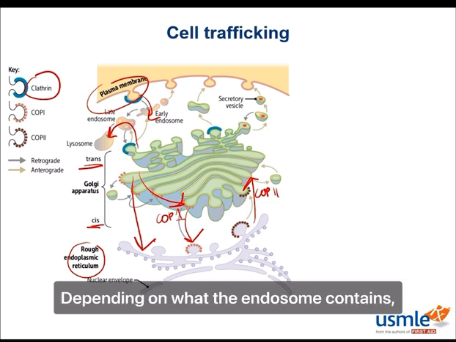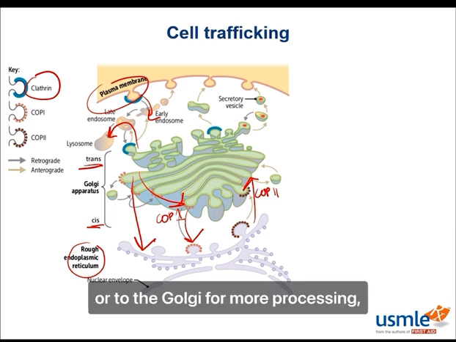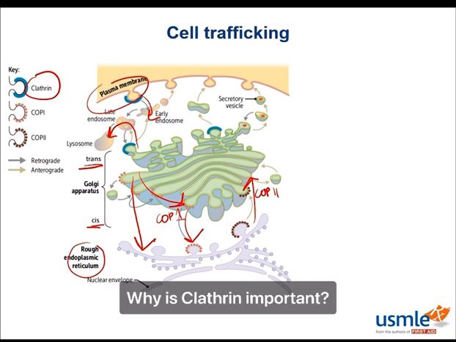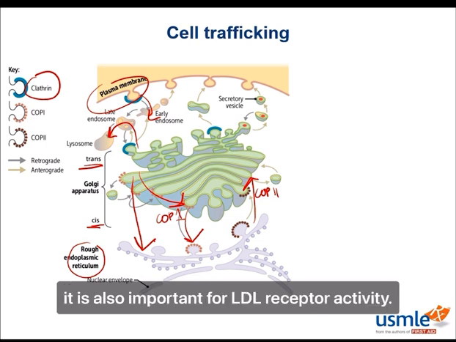Depending on what the endosome contains, it can be sent to a lysosome for degradation, or to the Golgi for more processing, or even back to the membrane. Why is clathrin important? Well, aside from what we just mentioned, it is also important for LDL receptor activity.